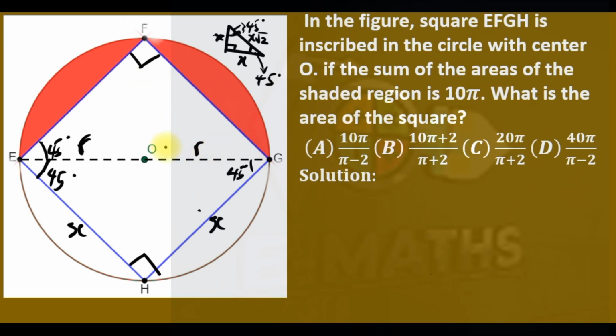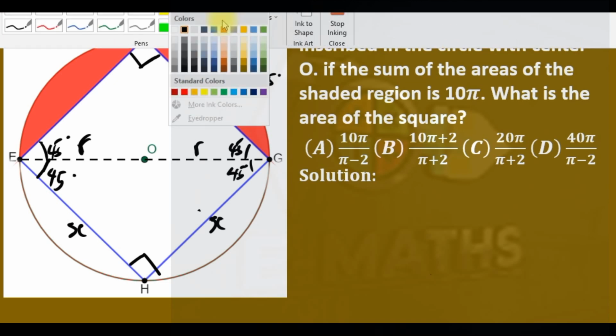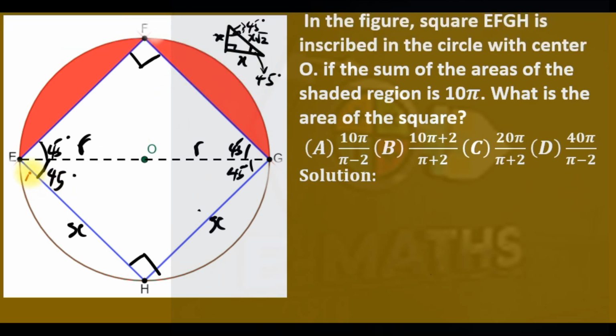Secondly, since this triangle and this triangle are the same, the area here is the same as this. So if we shade here, you see that the area of these four shaded regions, the ones given and the ones I added here, is the same as the area of the circle minus the area of the square.